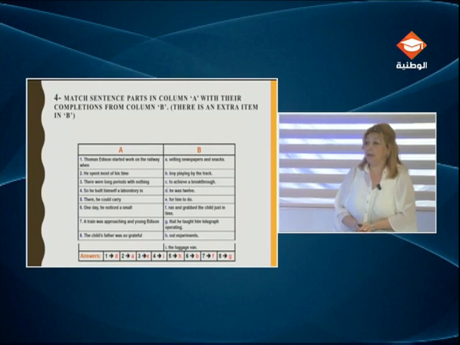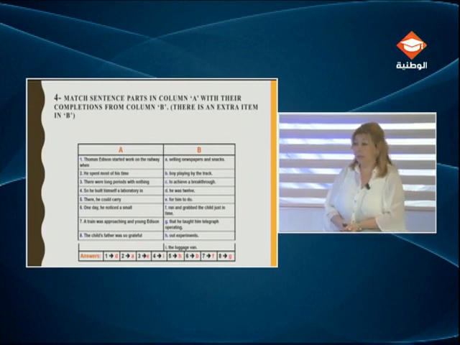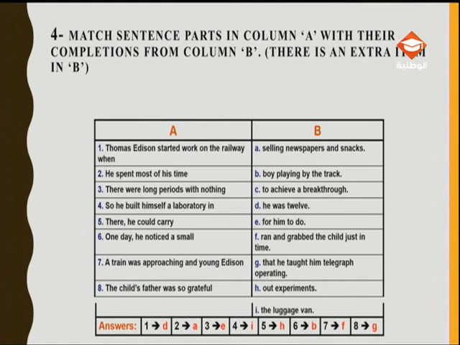He spent most of his time doing something. So I have to look for the ing form. Where is it? It's in A, selling newspapers and snacks. There were long periods with nothing for him to do.